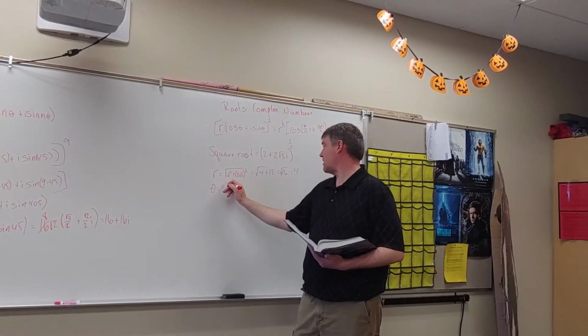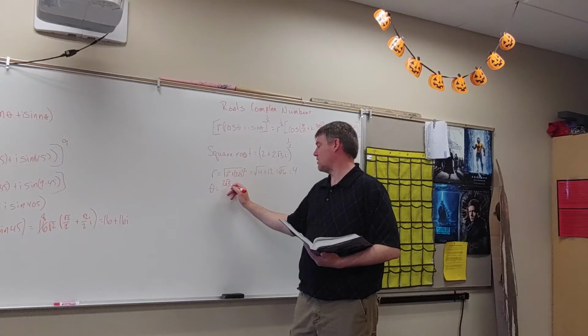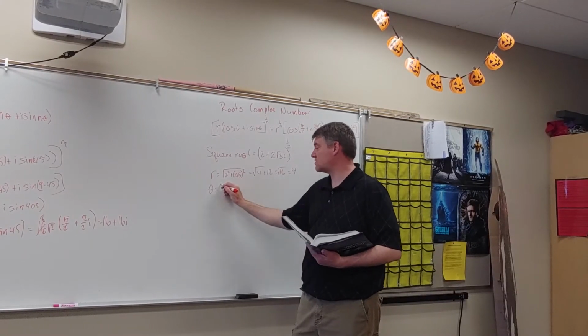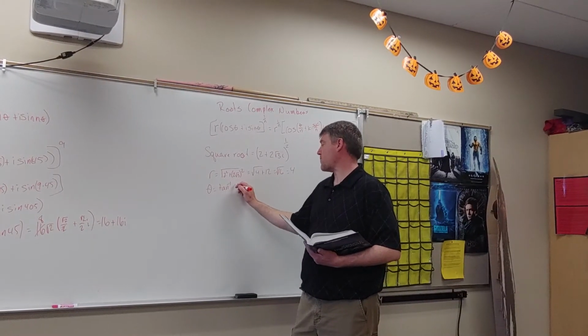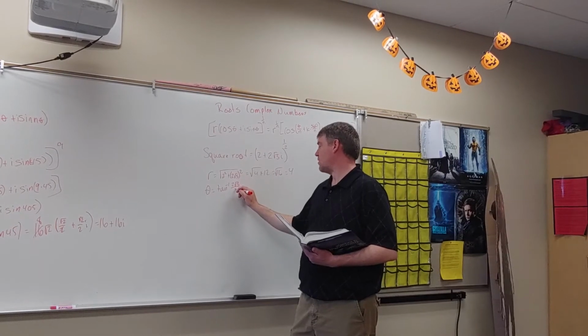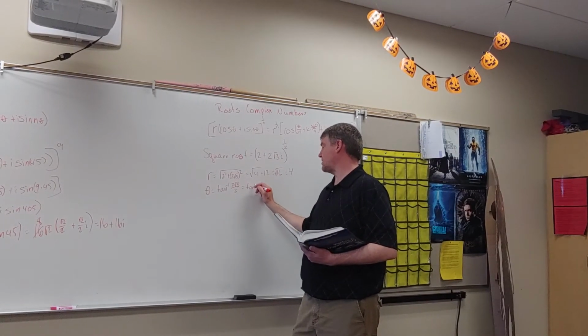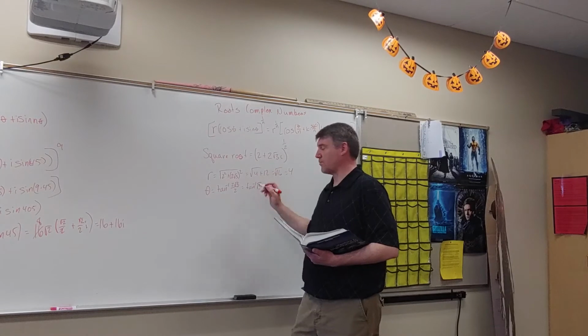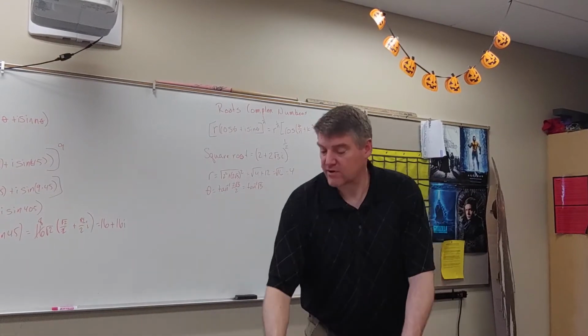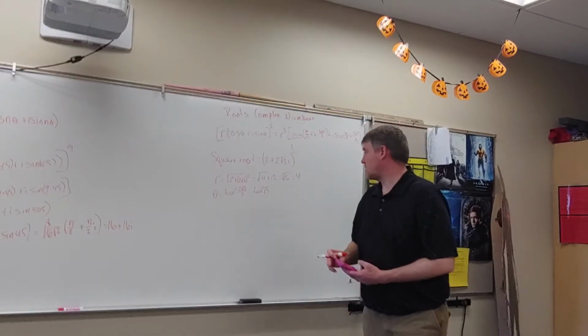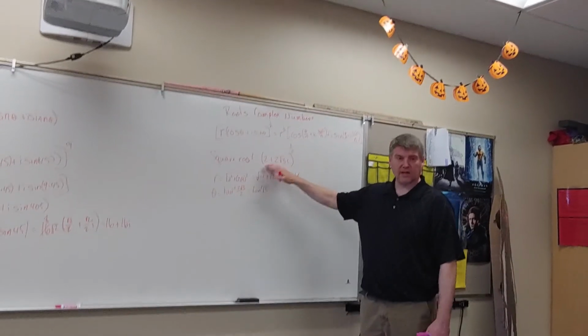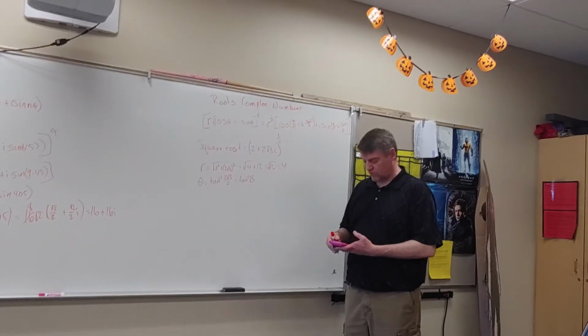Remember, for theta we take tangent inverse of 2 square roots of 3 over 2. So tangent inverse of root 3. If you have your radian conversion chart, look at that first occurrence. Understand that this is in quadrant 1, so we want to be in quadrant 1.